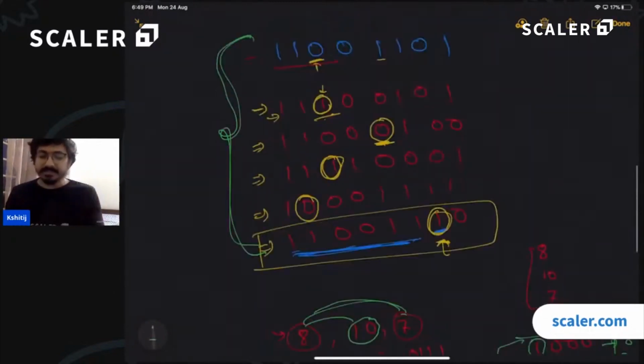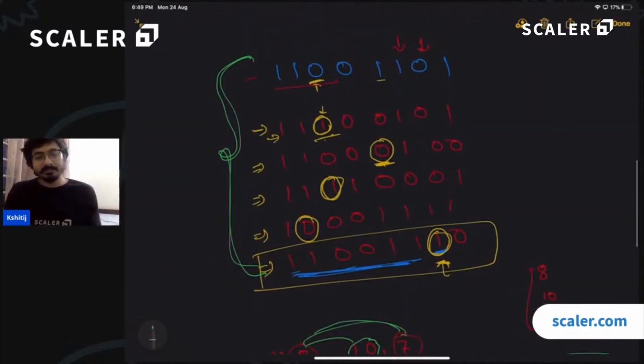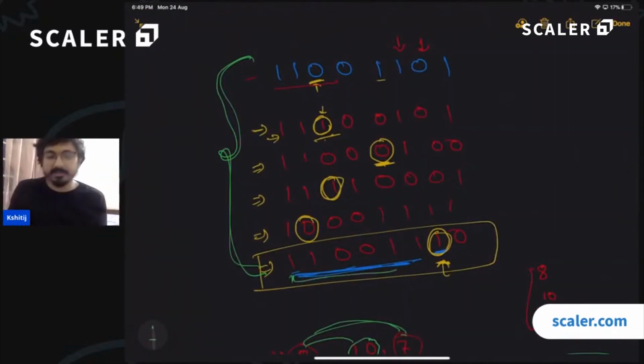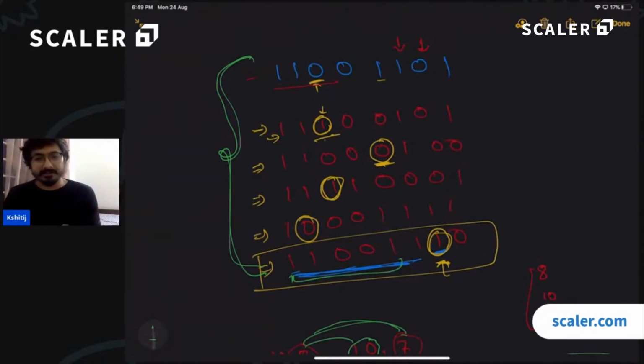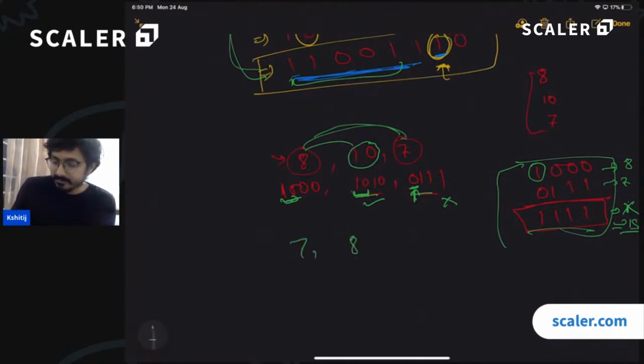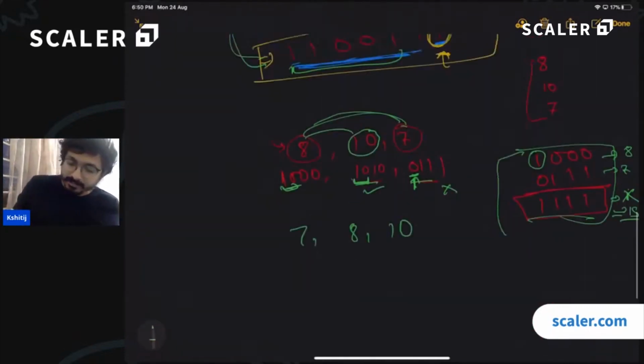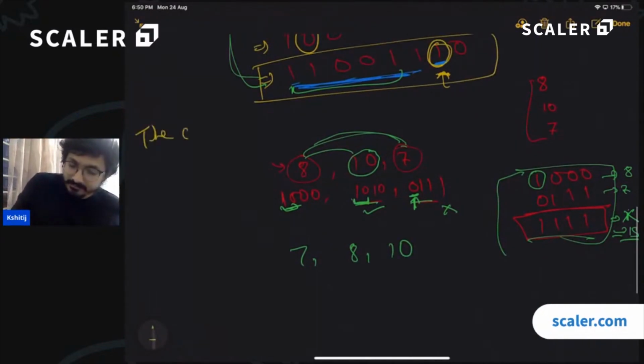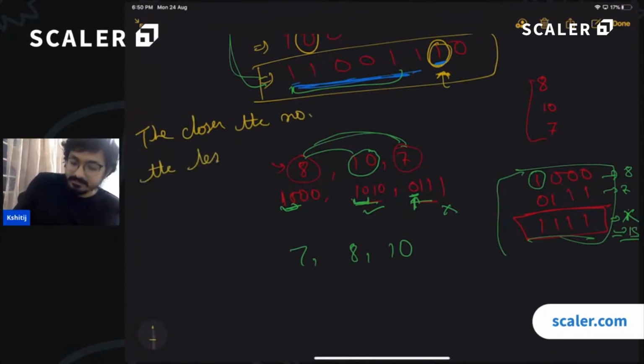The intuition that comes to mind is: the closer the number, the more similar bits we are going to get on the left hand side. If you just sort these numbers, you get 7, 8, and 10, right? The intuition is the closer the numbers, the lesser the XOR.